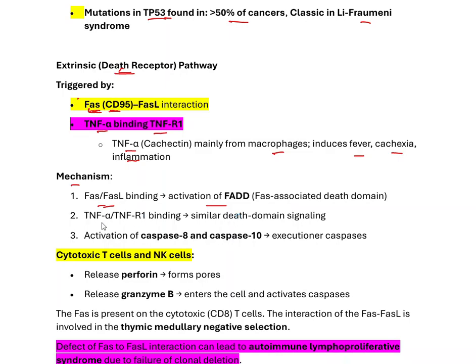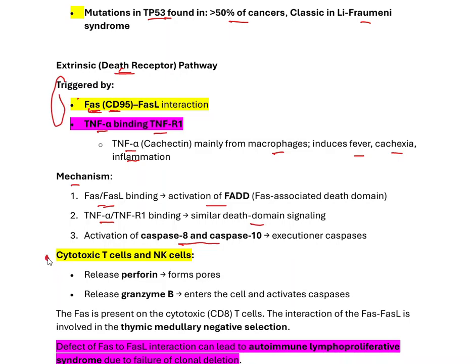Caspases. We also have interaction between TNF alpha and TNF receptor, which is also similar to the death domain signal. And either of them will lead to activation of what? Caspases, and that will lead to what? Apoptosis. So that's two mechanisms.